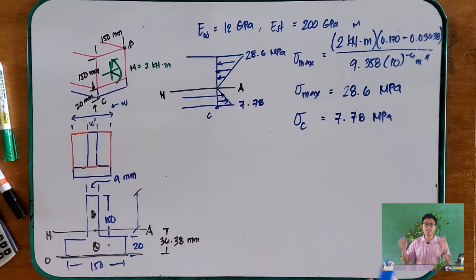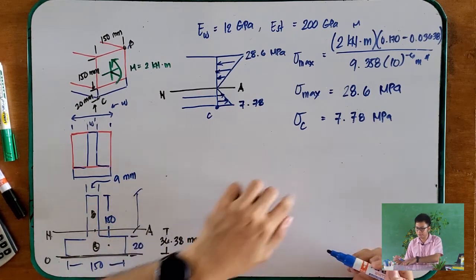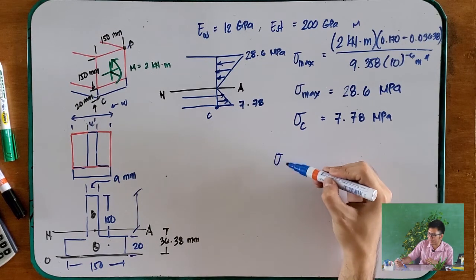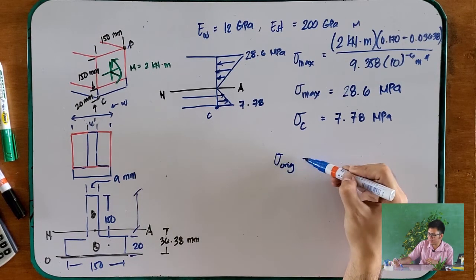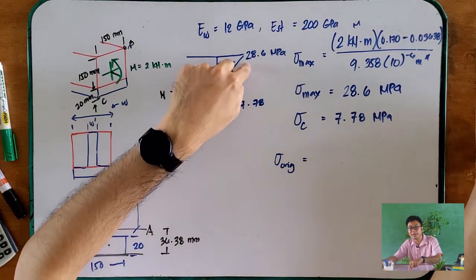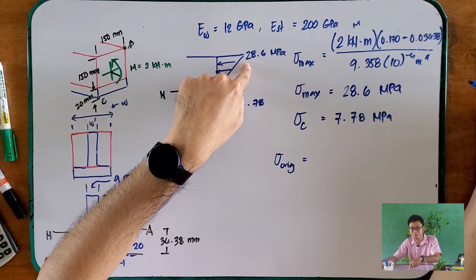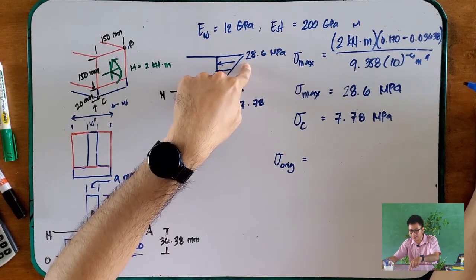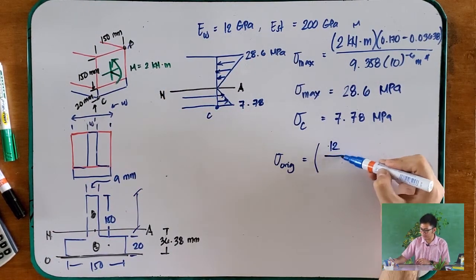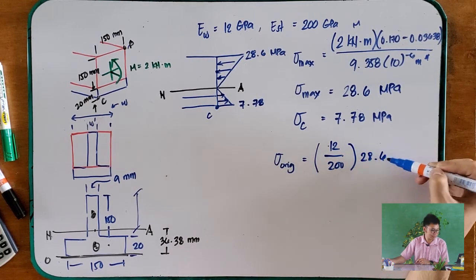Okay? And we are still gonna use that transformation factor to get your stress. So, the original stress is equal to, since nag-expect nga mo gamay, so dapat less than 1 ang atong transformation factor. So, that is 12 divided by 200 multiplied by 28.6.